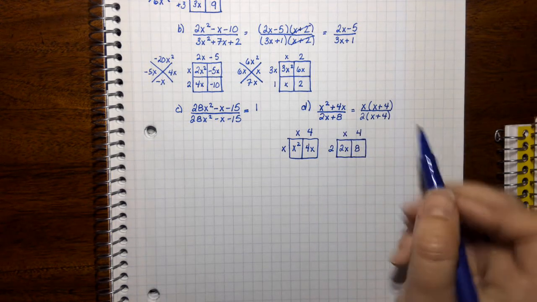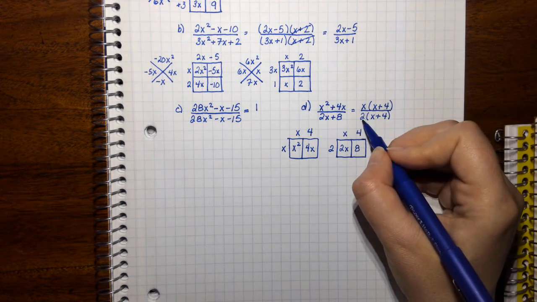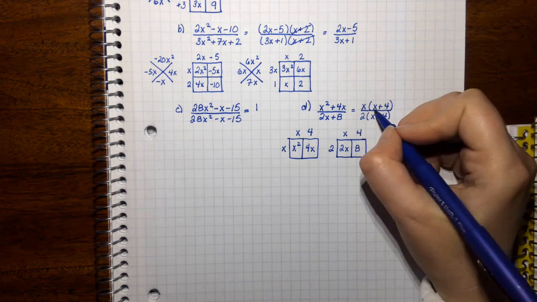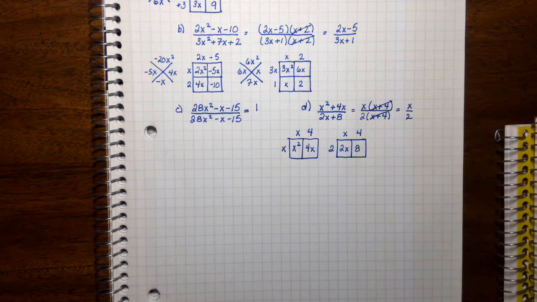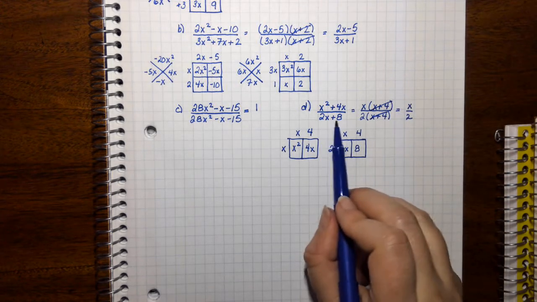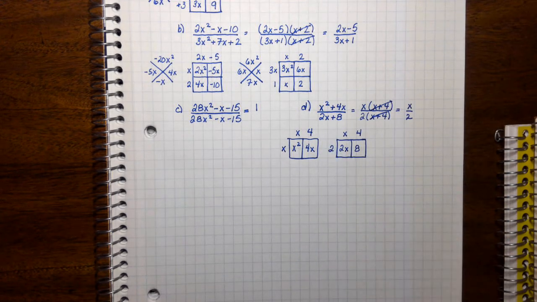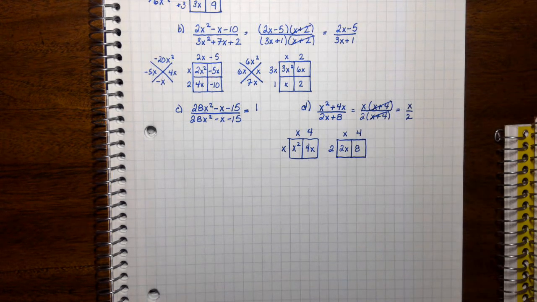That can be factored out. And just check yourself. Is this x squared, 4x? Yes. 2x, 8? Yes. Giant 1. Answer is x over 2. Okay, exclusions, taking a look at this, it looks like x cannot be negative 4. And I can actually tell easier in the factored form.